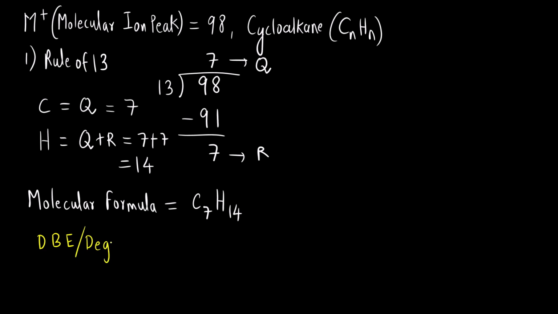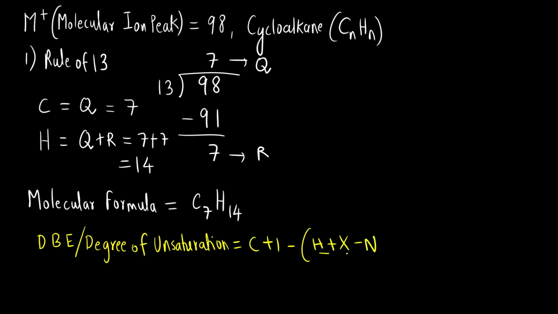Now another thing I can do is calculate the double bond equivalent, or degree of unsaturation. We calculate it using the formula (C plus 1 minus (H plus X minus N) divided by 2), where C is the number of carbons, H is hydrogen, X is halogen, and N is nitrogen. Halogen is fluorine, chlorine, bromine or iodine.